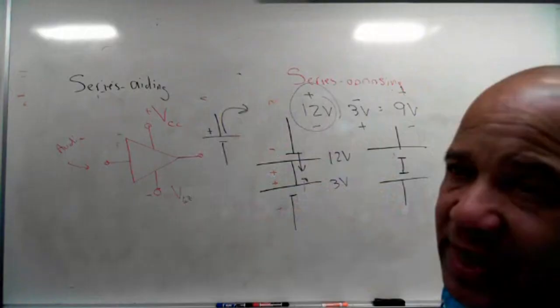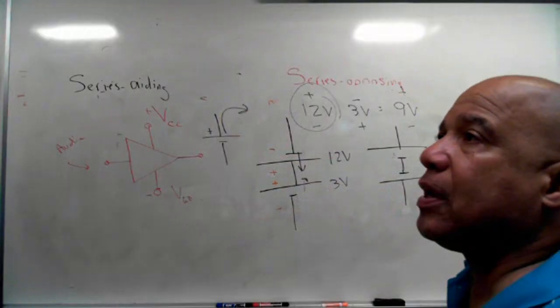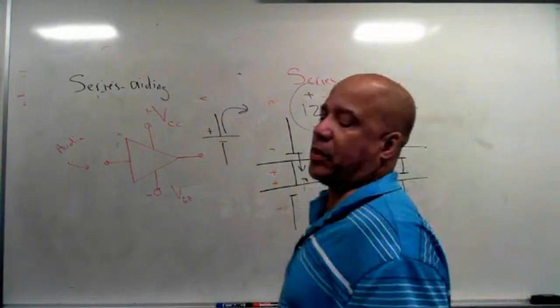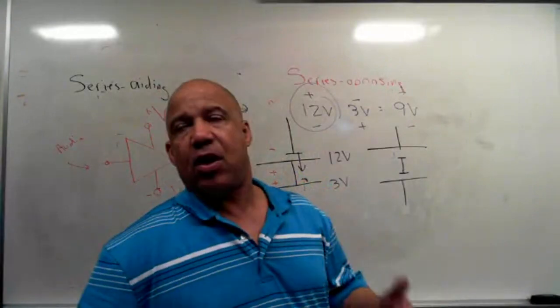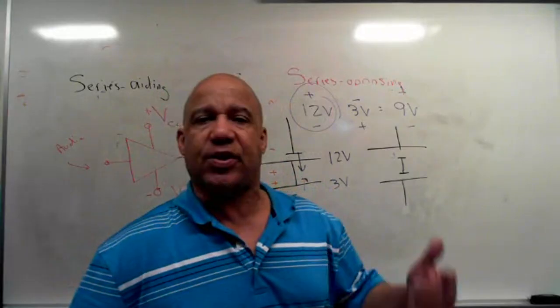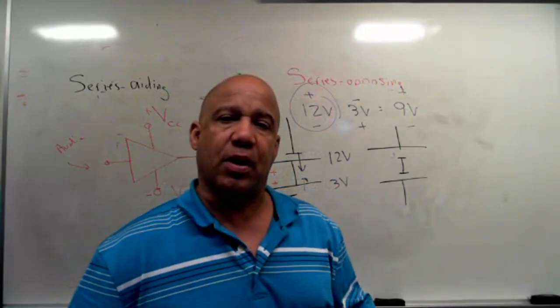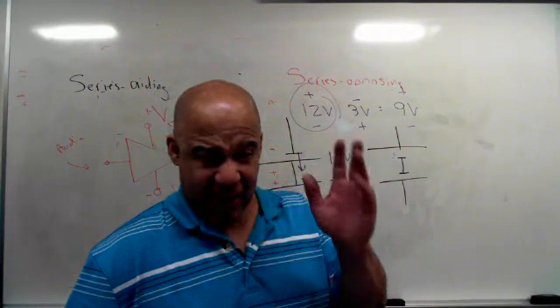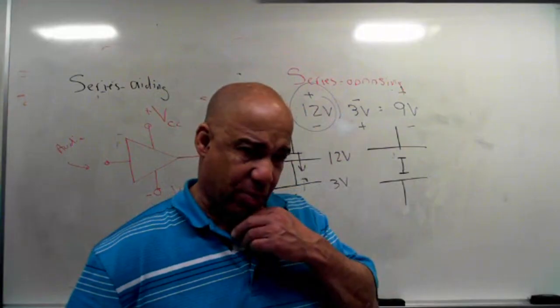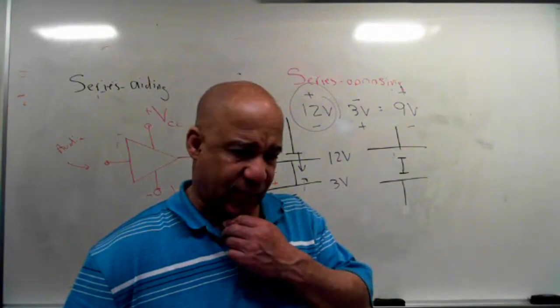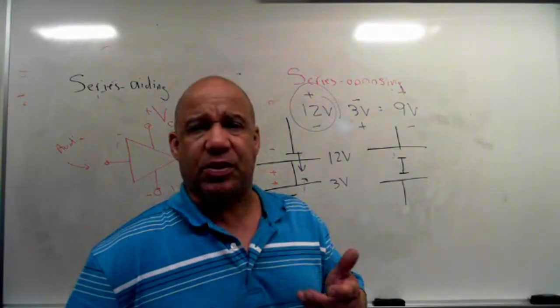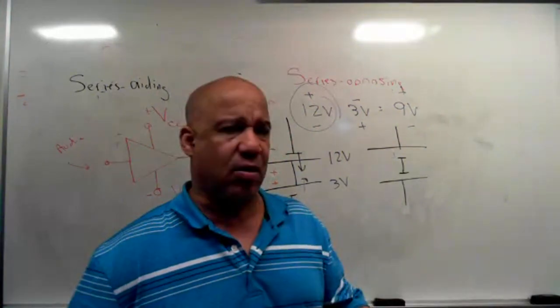But you're going to do series aiding, because many of these voltages are a standard value. For example, a car battery is a standard 12 volts. A long time ago, years ago, I had a business with a couple other guys. We installed car alarm systems and car audio.